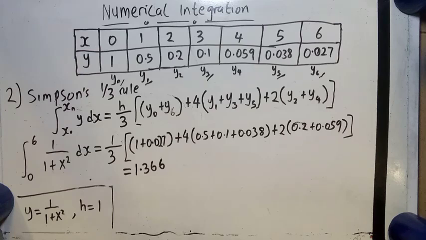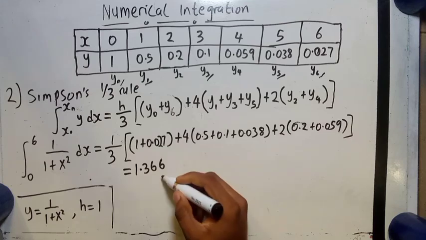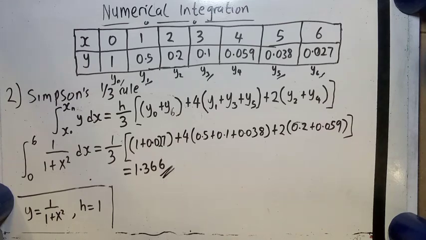So this is what I got from my calculator, the approximate value. Now this is using Simpson's 1/3 rule. We're going to be making use of the last rule, which is Simpson's 3/8 rule. That's the last.